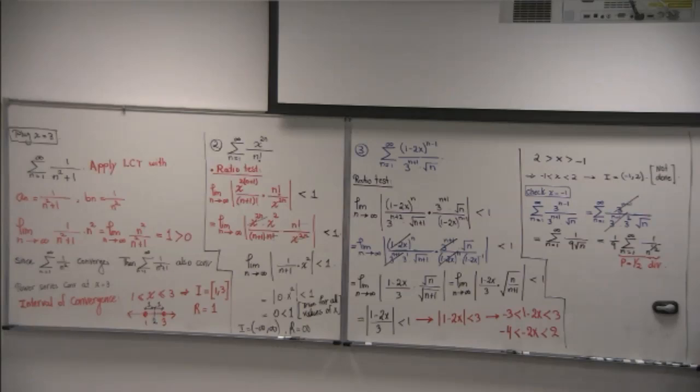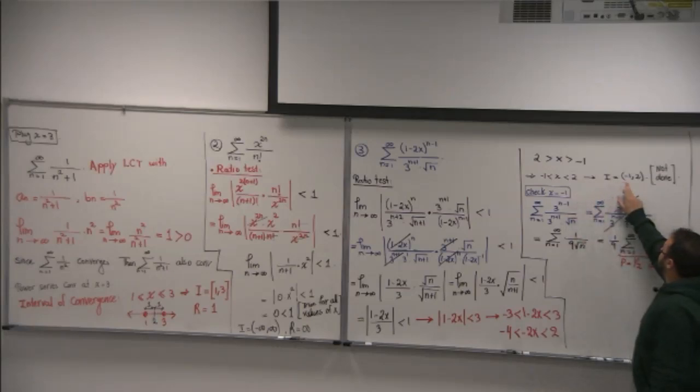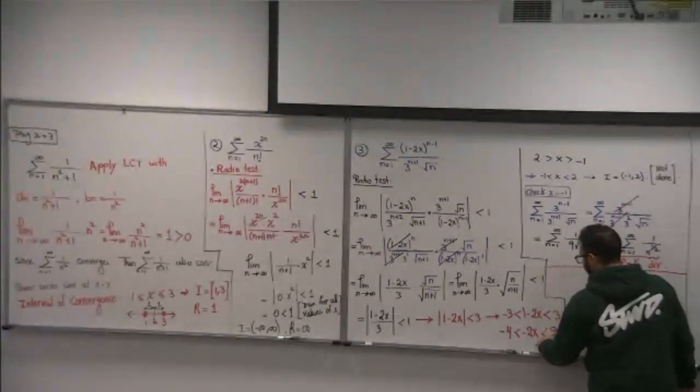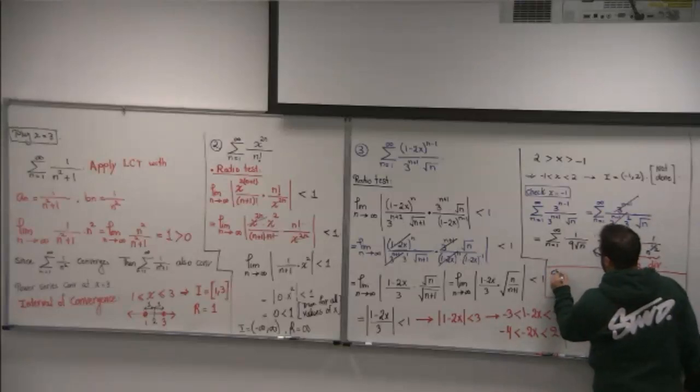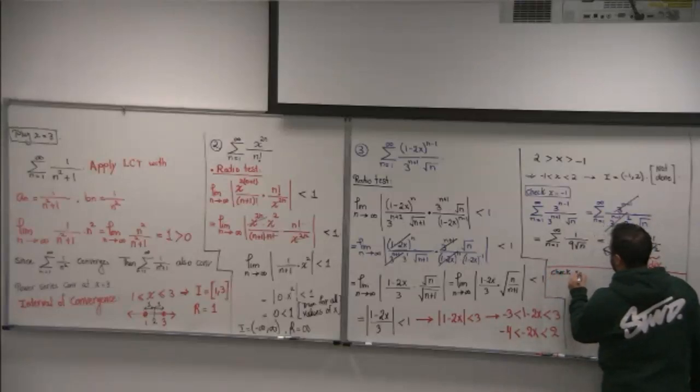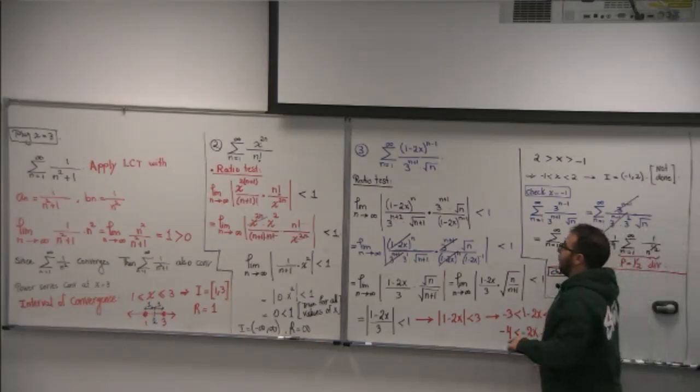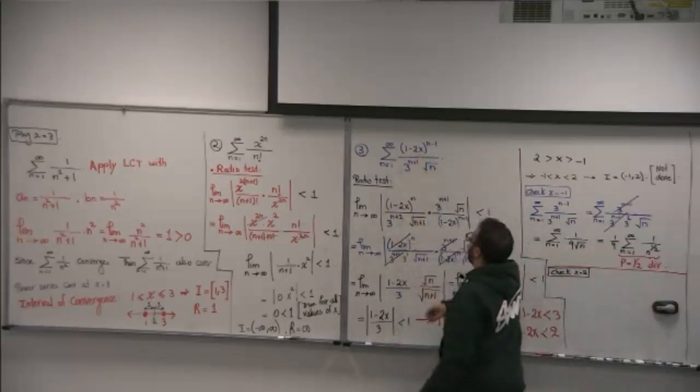Okay? So the series diverges at x equal minus 1. So I keep it open. I don't close it. I close it only when the series converges at that number. Now check x equal 2. So you have 1 minus 4 is minus 3.